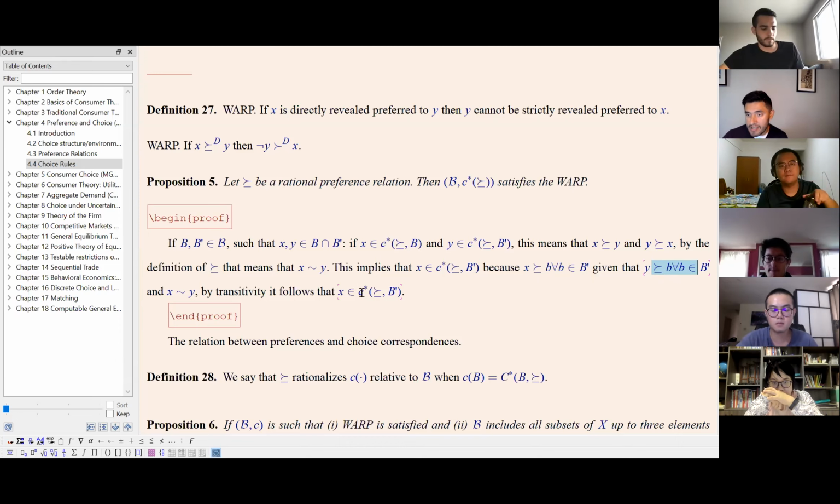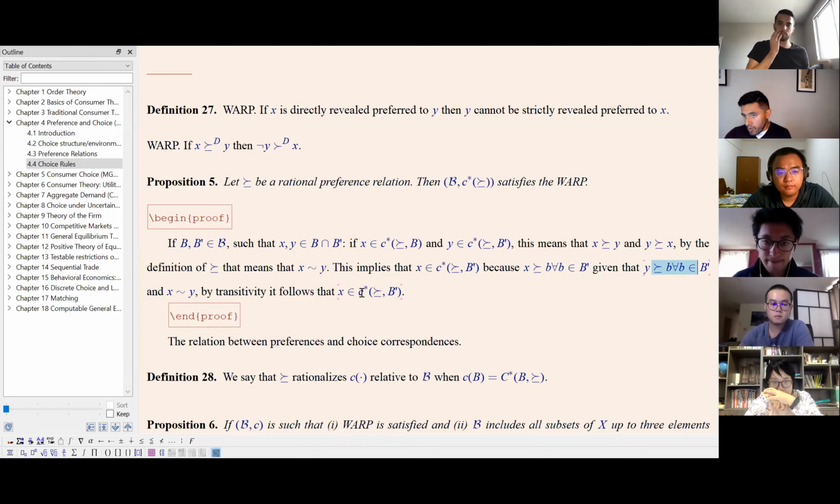Therefore, X must be in the choice correspondence in the second menu. WARP is satisfied. Got it? So that's one way to prove it.